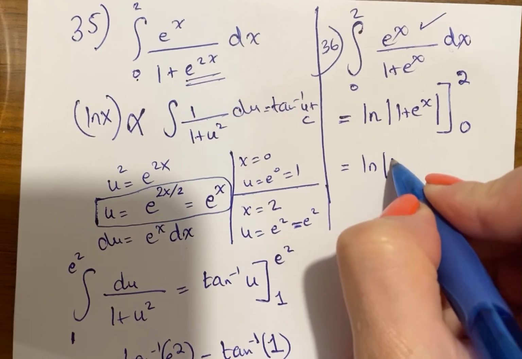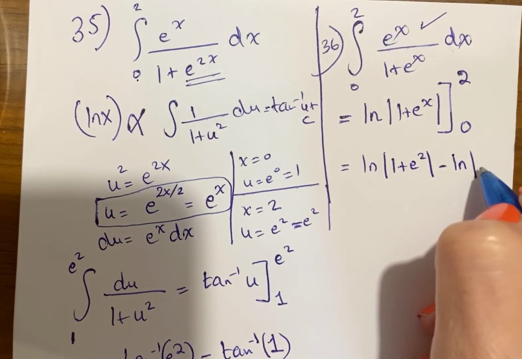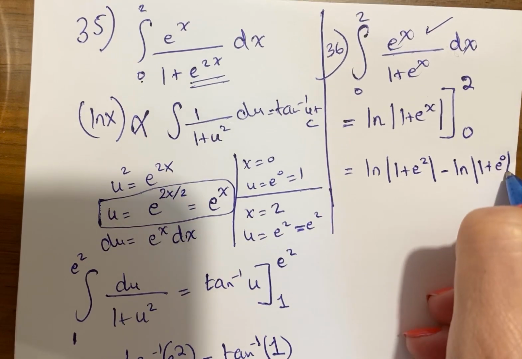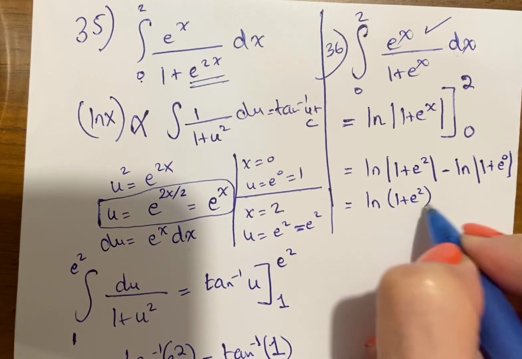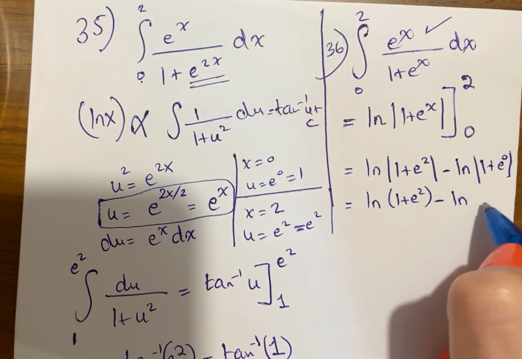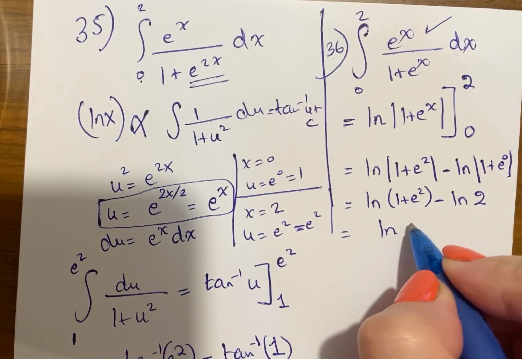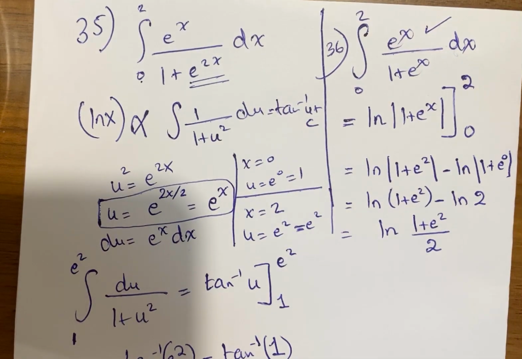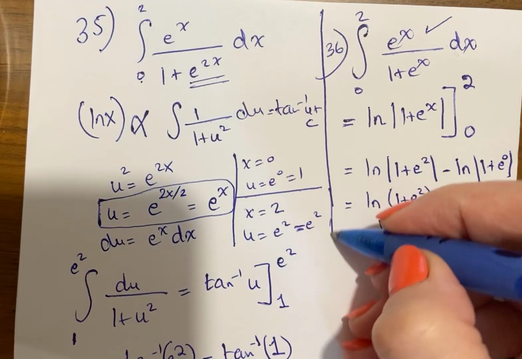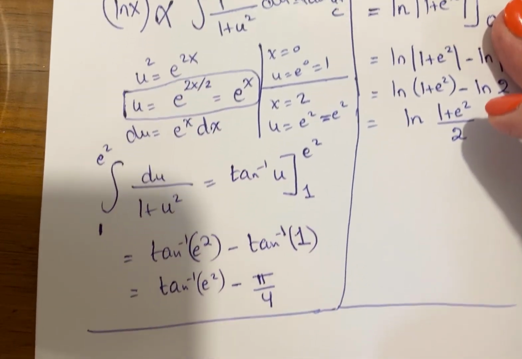So it's ln absolute value of 1 plus e squared minus ln absolute value of 1 plus e to the power 0. This is ln of 1 plus e squared, which does not need an absolute value, minus ln of 1 plus 1, which is 2. ln a minus ln b can always be written as ln a over b as a simplified answer. So do you see how it can work as a logarithm and as a tan inverse problem? Just by a little bit of change.